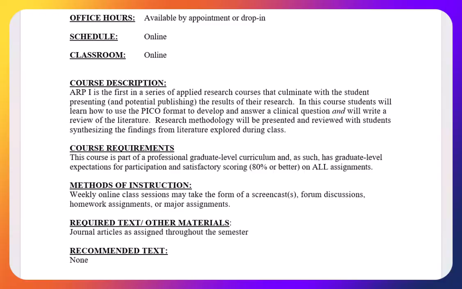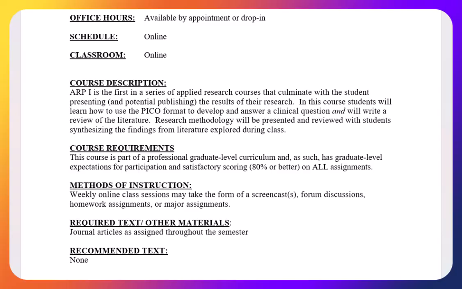So here are some of the overview things of the course. To really narrow it down to what we're trying to do, we're trying to explore the literature around a topic of interest of yours and to create something that's potentially publishable.